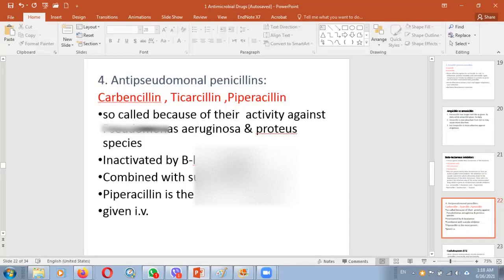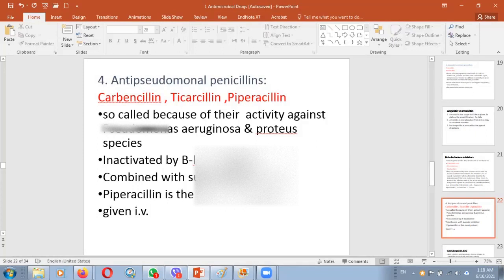They are called this because of their activity against Pseudomonas aeruginosa and Proteus species. They work not only on Pseudomonas but also on Proteus, which also causes serious infections. These are inactivated by beta-lactamase, so they were combined with a suicide inhibitor. Nowadays, piperacillin is the most potent and they are given IV.